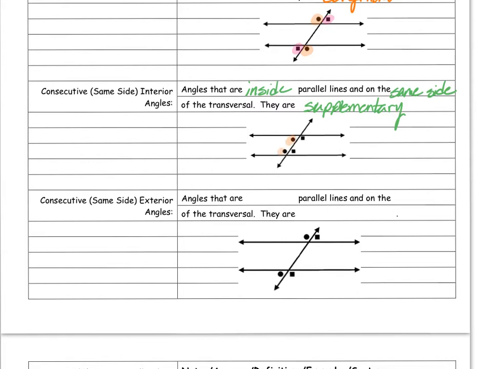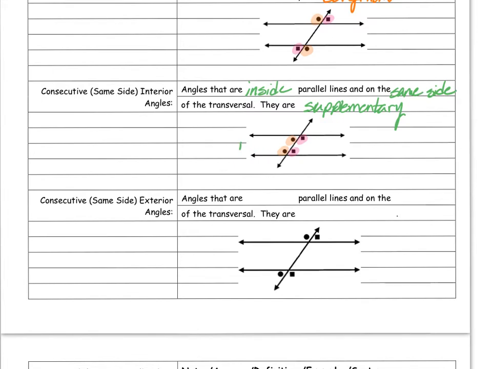So these two right here are supplementary, and these two right here are supplementary. And if you notice, they're on the same side of the transversal and on the interior of my parallel lines, hence the name same side interior angles. Those two angles add to be 180 degrees, hence they are supplementary.